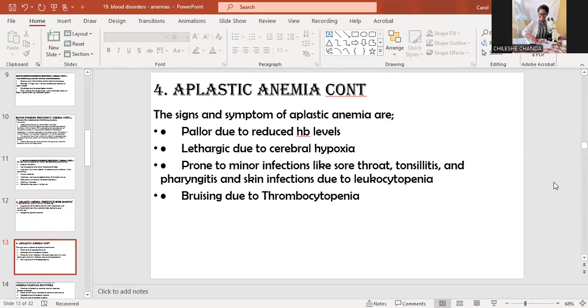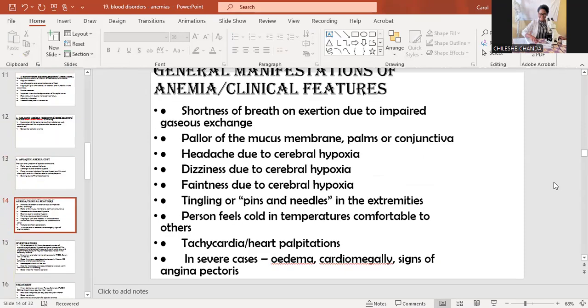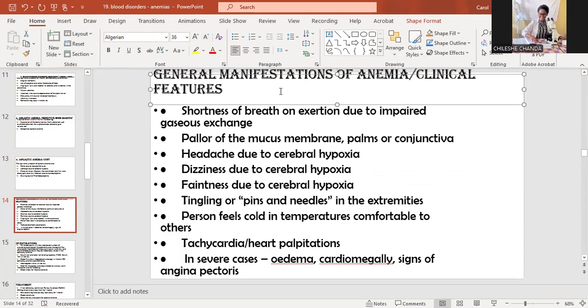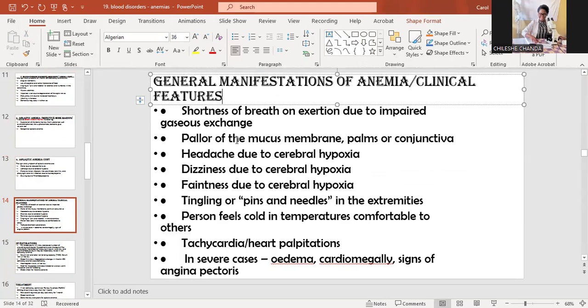The patient will easily bruise because the thrombocytes or the platelets are also in reduced numbers. So you find that the patient's skin will almost always be bruised, but they just scratch a little and they become bruised. That is the other clinical manifestation of aplastic anemia.